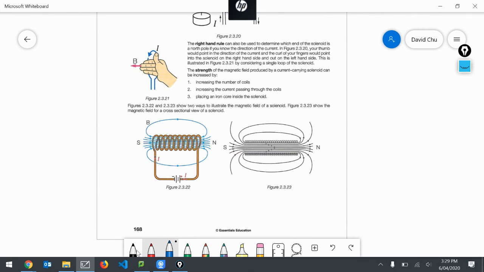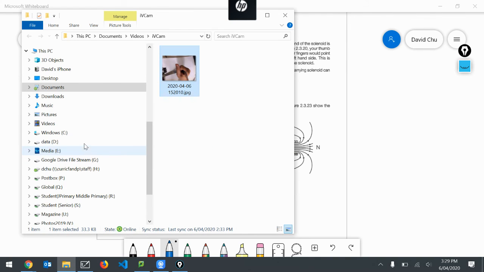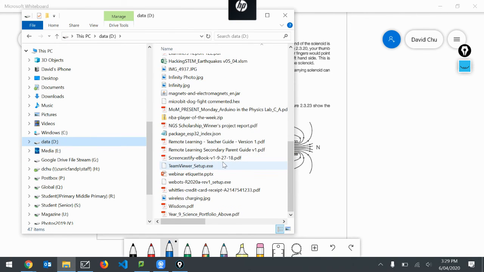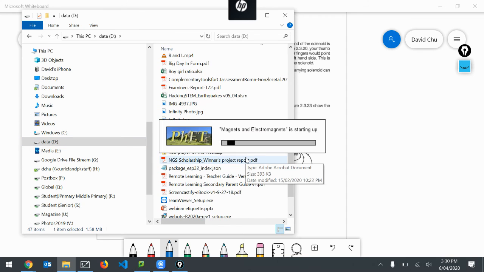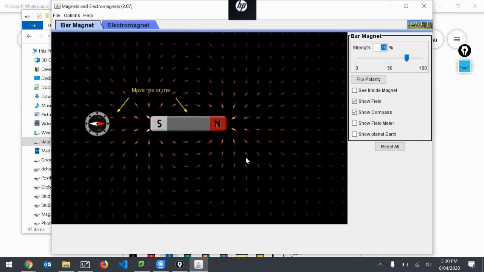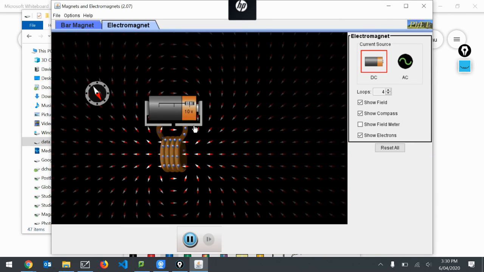All right, I've got a little simulation which I'm going to show you, which demonstrates the direction of the field. You open an electromagnet. This is a standard magnet. Now the electromagnet. In this case, you can see the flow of electrons. I'm going to turn it off.